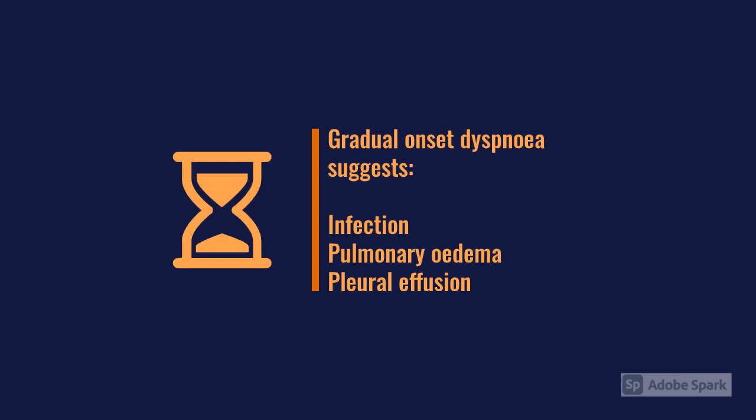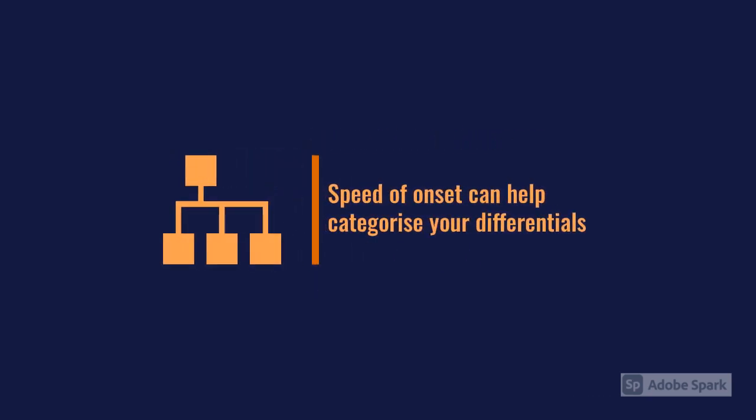You can start thinking about your pulmonary edema. You can get flash pulmonary edema, but more common is your chronic heart failure that can come in and out of exacerbation. And a pleural effusion, those types of fluid buildups are usually chronic and not sudden onset in nature. So thinking about the onset and duration is really important, because actually you can categorize your differentials based on that.